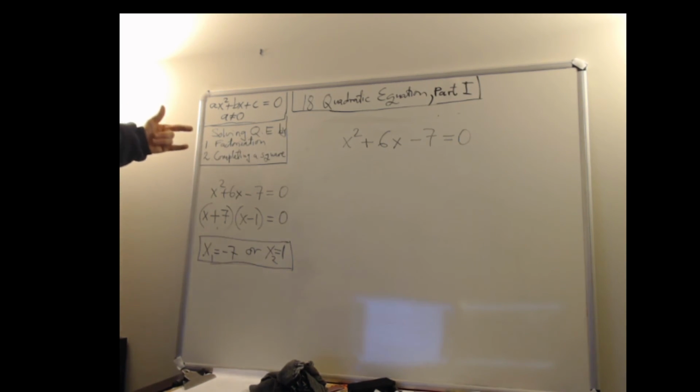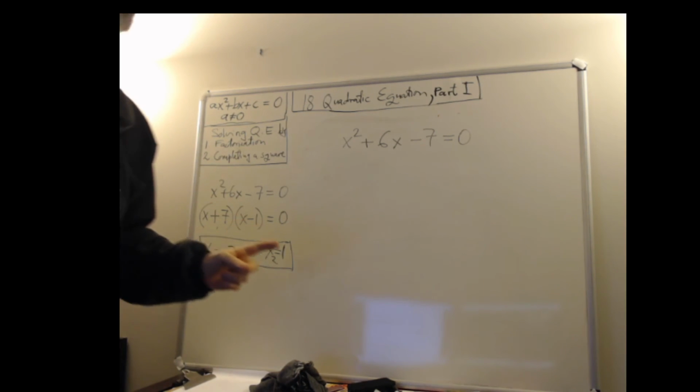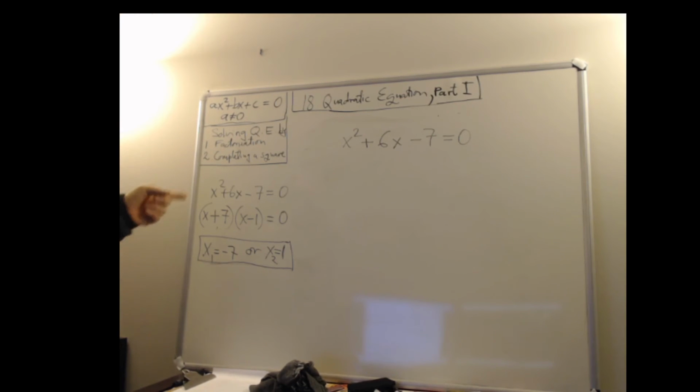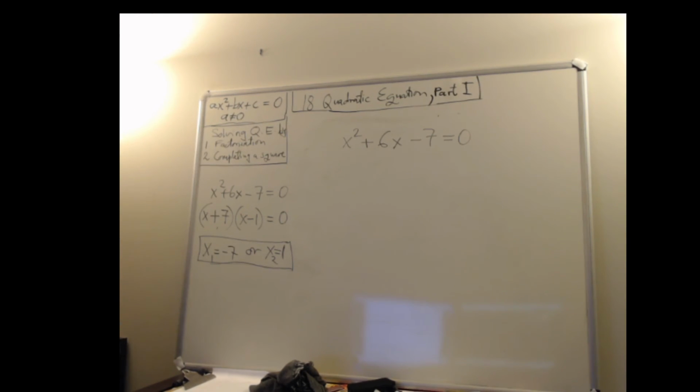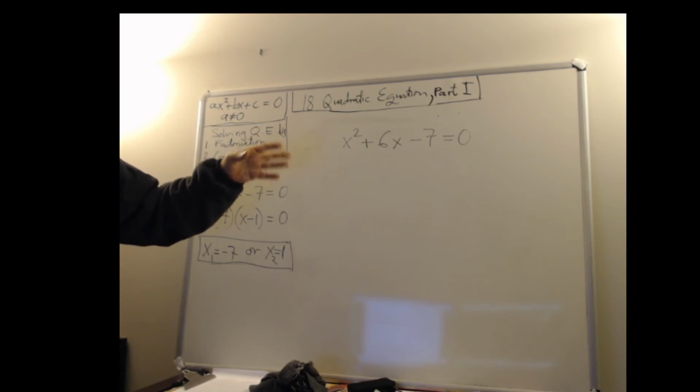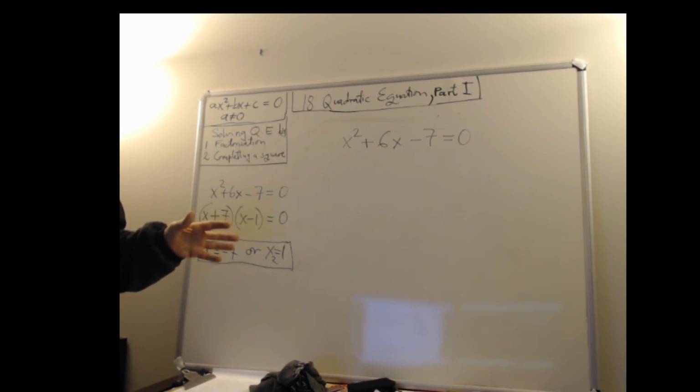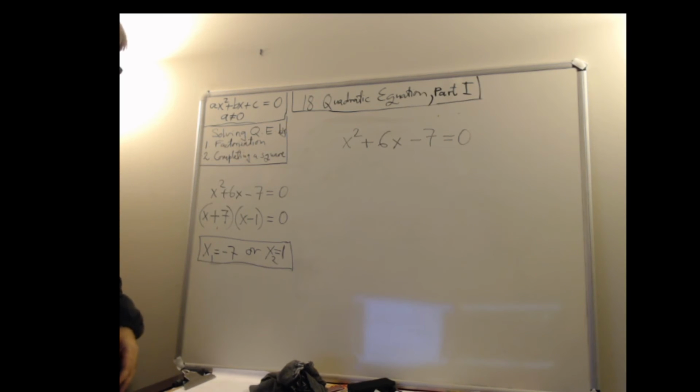The difference between these two methods, one by factorization or the zero property, the other by completing the square, is that the second one always works, while the first one works only if you don't have a prime in the standard format. If you have a prime in the standard format, as in the previous example I had, then the first method is not going to work.